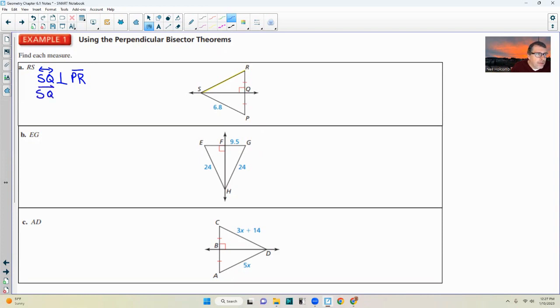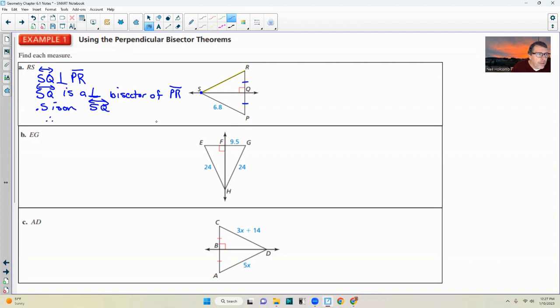Line SQ is a perpendicular bisector of segment PR because we know that this split PR in half, so that's a perpendicular bisector. So since that's a perfect perpendicular bisector, point S is on line SQ.